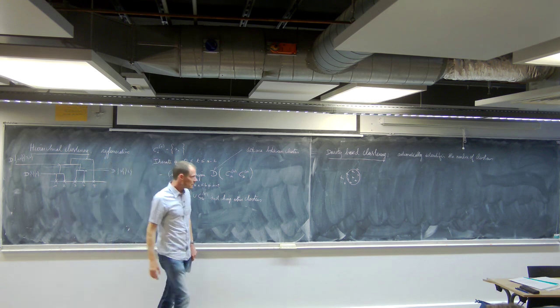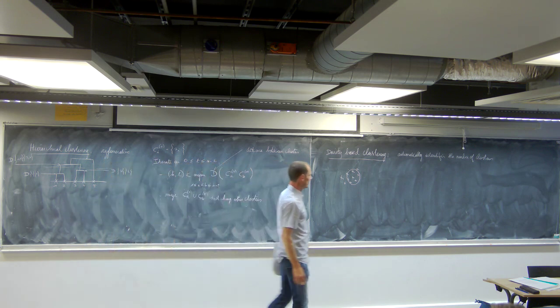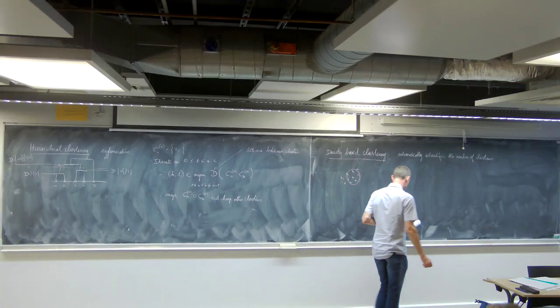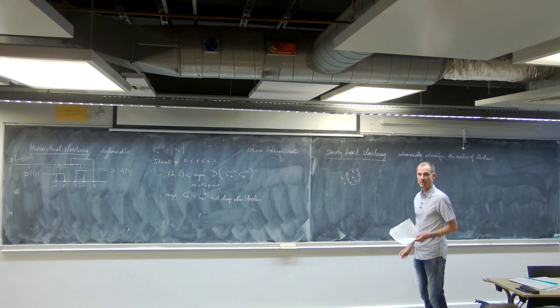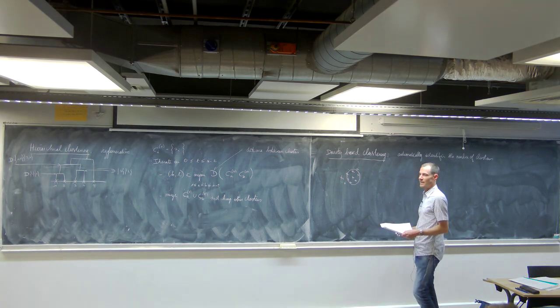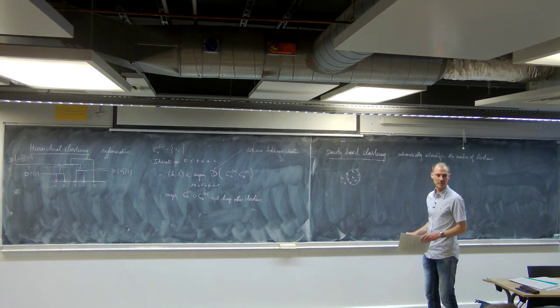Density-based clustering, you don't even have to do that. It will do it automatically for you, and also leave points on the side as outliers, because maybe you have points in your data set which are just not close to anyone, and maybe the right move is not to include them in any cluster.